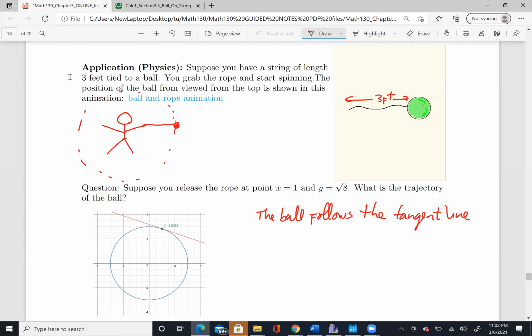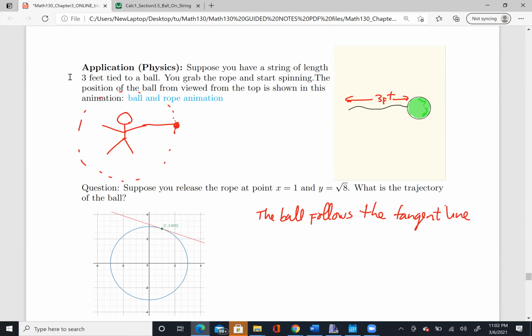Yeah. And the tangent line is going to be y equal to negative x over square root 8 plus 9 over square root 8.